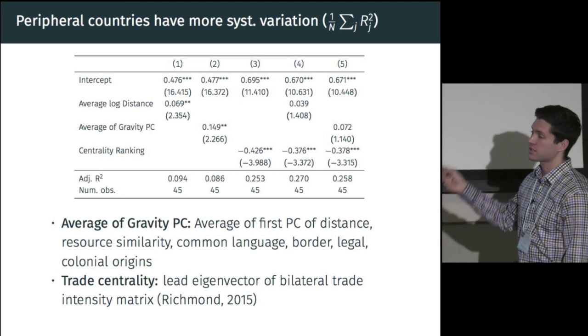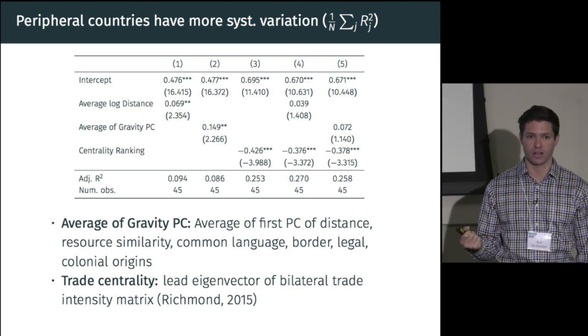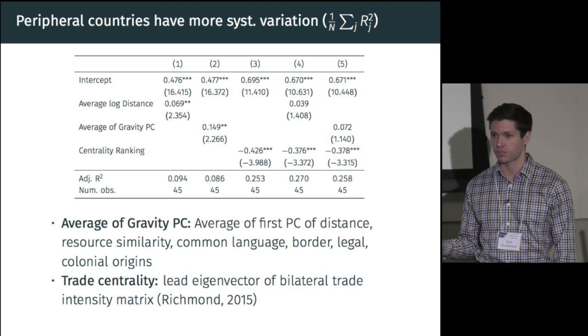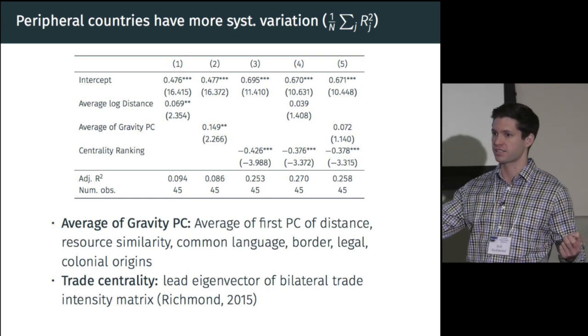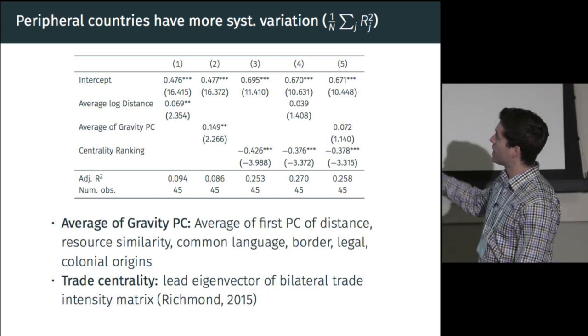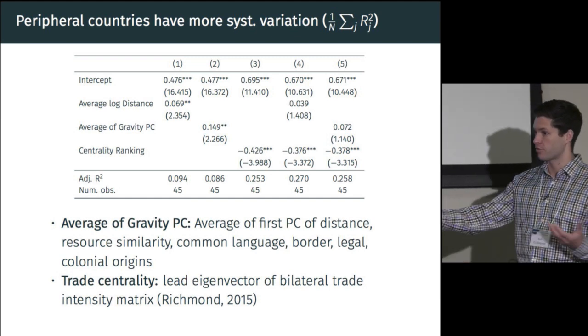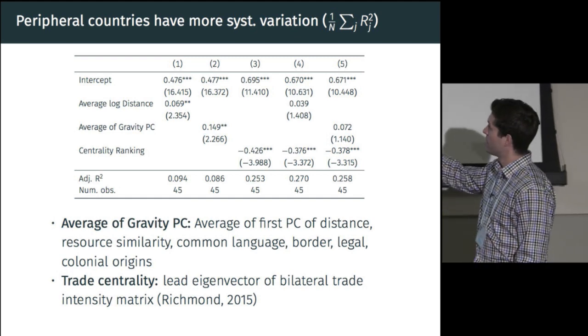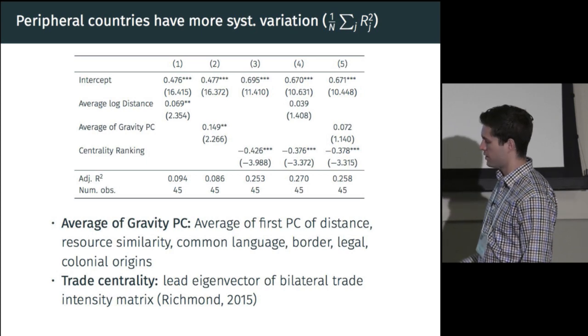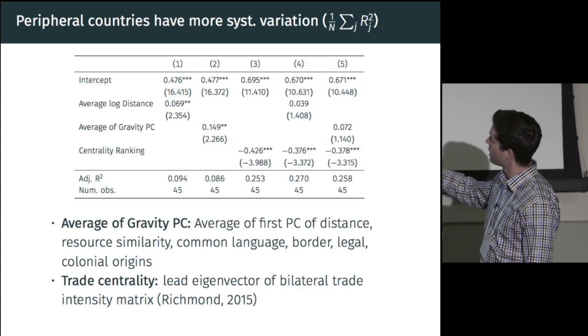I'm going to regress this average R-squared, the average amount of systematic variation that a base country investor faces in their basket of exchange rates, on measures of average distance. So for example, take the average distance of the US from every other country globally and look at how much of the variation in this average R-squared we explain.